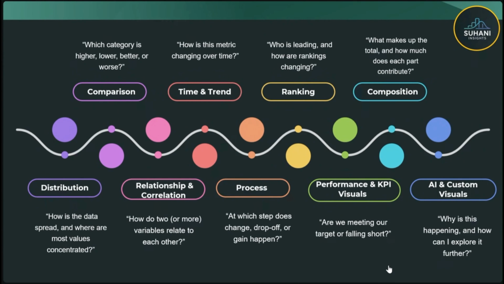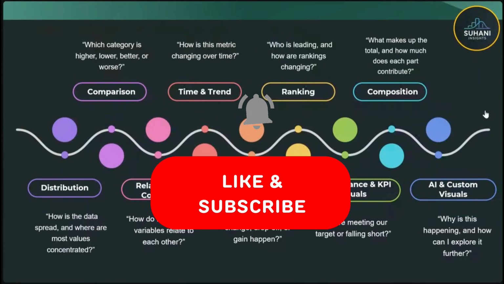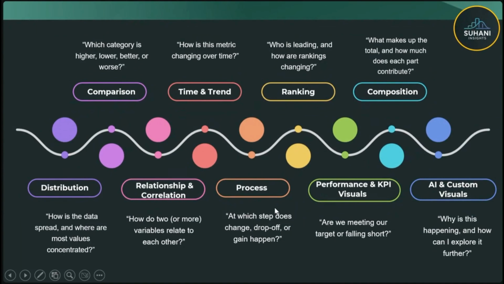You can just unmute your mic and ask me, okay, Swani, I want this visual's insights, or what is this visual about? So let's start with the recap.